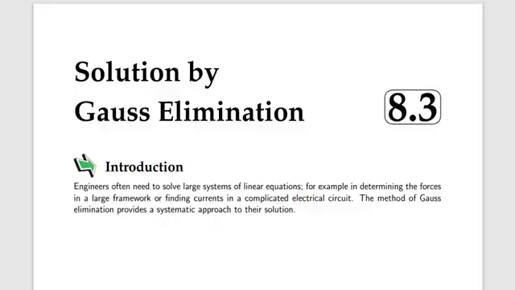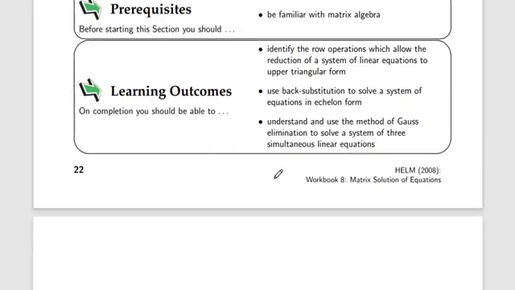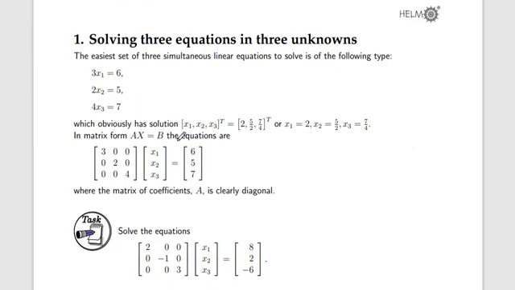Okay, now let's start with Gaussian elimination. Why Gaussian elimination and Gauss-Jordan, because it's sometimes difficult to solve linear equations. Okay, so this is a simple linear equation which has one unknown and one equation. So we will simply solve these types of equations.